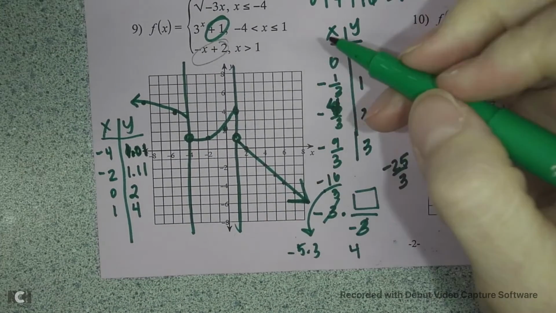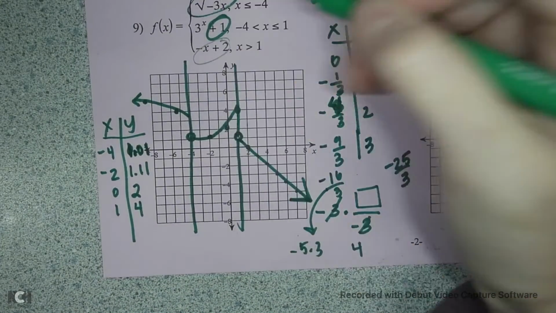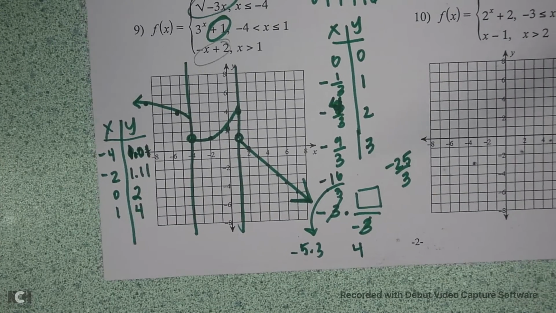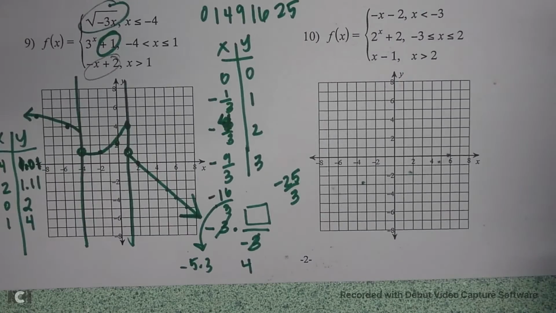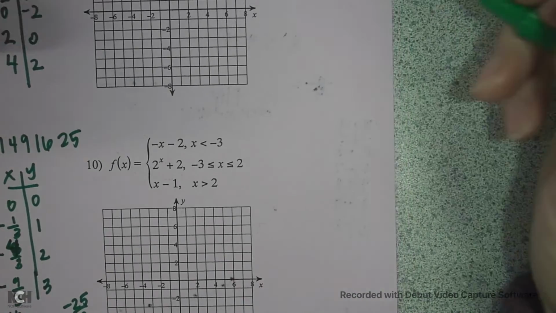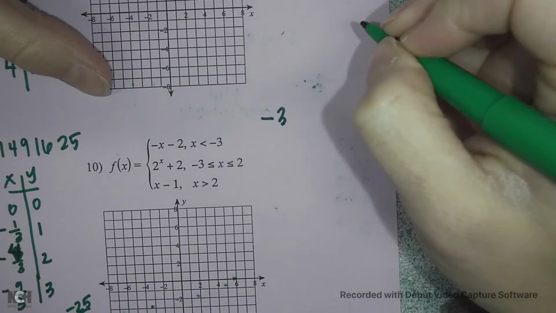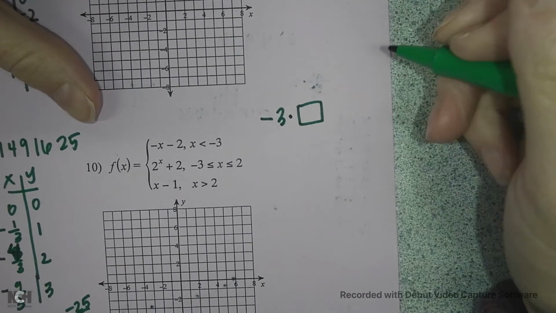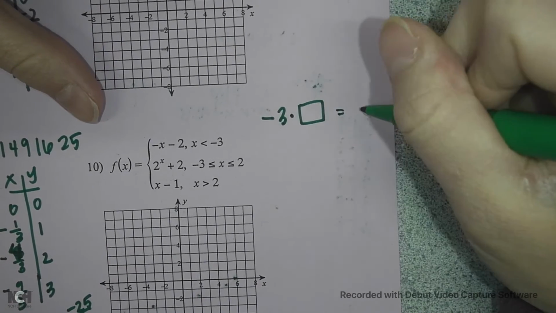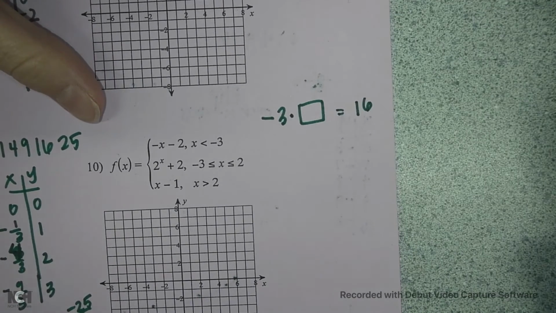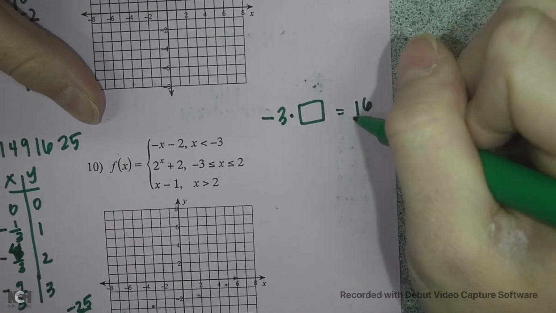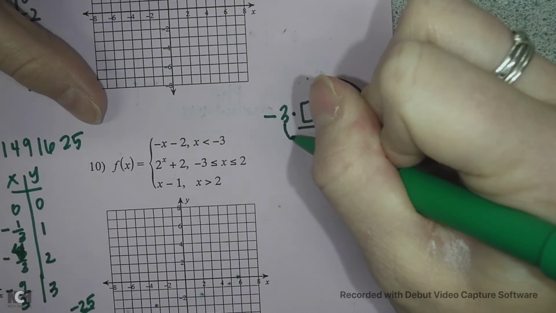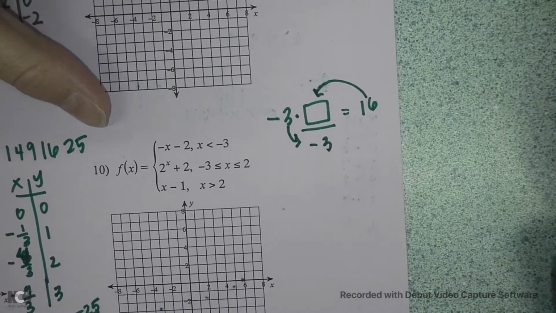Okay, I get that this part in the beginning was really weird, but if you are multiplying by a number, -3 times something, and we're trying to get like a big number like 16, the easiest thing to do is to put this number in the top part of your fraction and this number in the bottom part of your fraction.